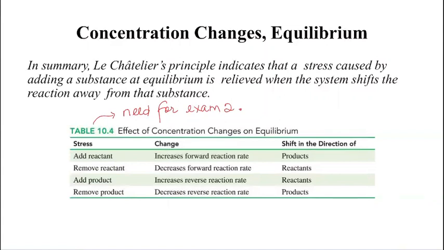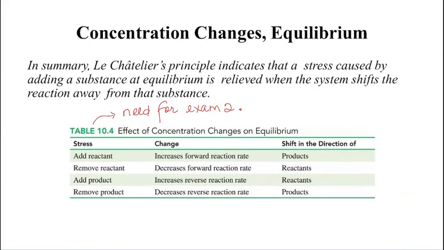In table 10.4, understand that we have the different types of stresses that we're learning in this class, which is addition of reactant or removal of reactant, addition of product or removal of products, okay? The second column in this table tells you what's going to happen to the rate of the reaction. So that change is what happens to the rate of the reaction. As you can see, if you add reactant, the forward rate of the reaction is going to increase.